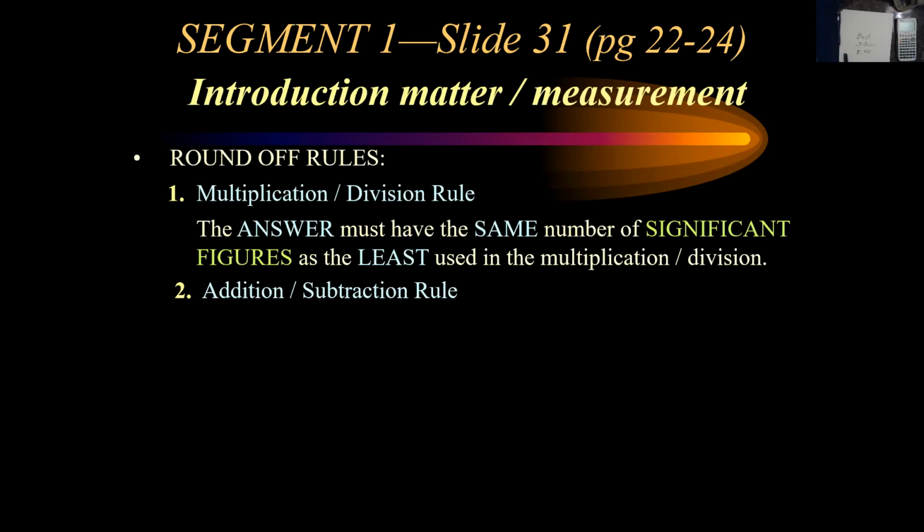Remember how you added numbers together in 3rd or 4th grade? When you got ready to add numbers with decimal places, you lined them up over top of each other so that the decimal points lined up vertically. And then you added the numbers together.